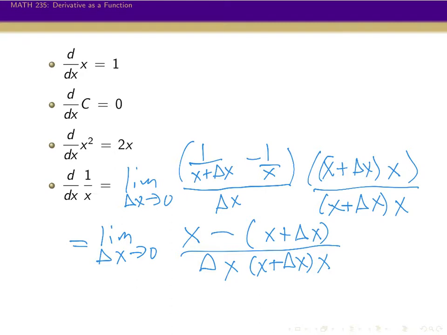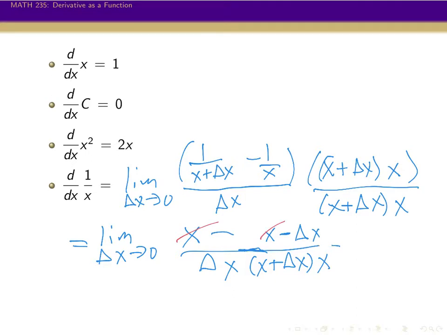And now, if we distribute this minus sign, I'm going to get minus delta x there. And then the x minus x, those two cancel themselves off.